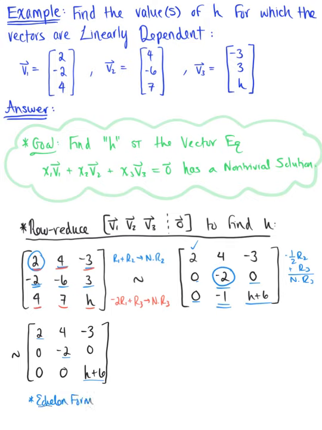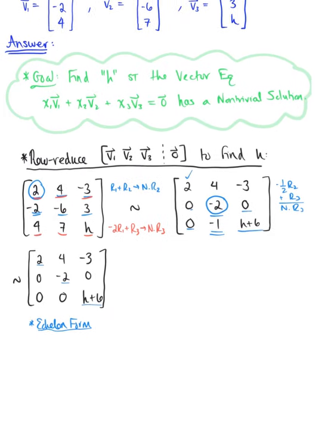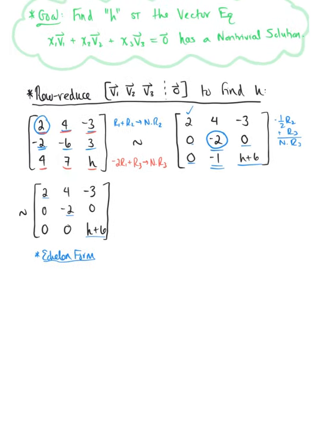Now we want to be careful. We have a term in each one of the columns for our basic variables. But our goal here is to find h such that the vectors are linearly dependent. So let's keep in mind that this vector equation, as we defined above, is going to have a non-trivial solution if a free variable exists.